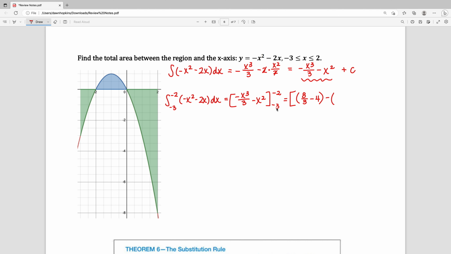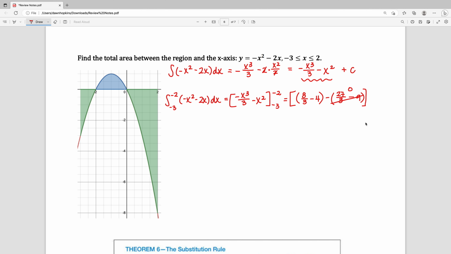Now substituting in -3 for x, -3 cubed is -27. The opposite of that is going to be positive 27. So we have 27 over 3 minus -3 squared is 9, so minus 9. Now note in that second set of parentheses here, 27 over 3 is 9, and 9 minus 9 is 0, so this whole thing becomes a 0.